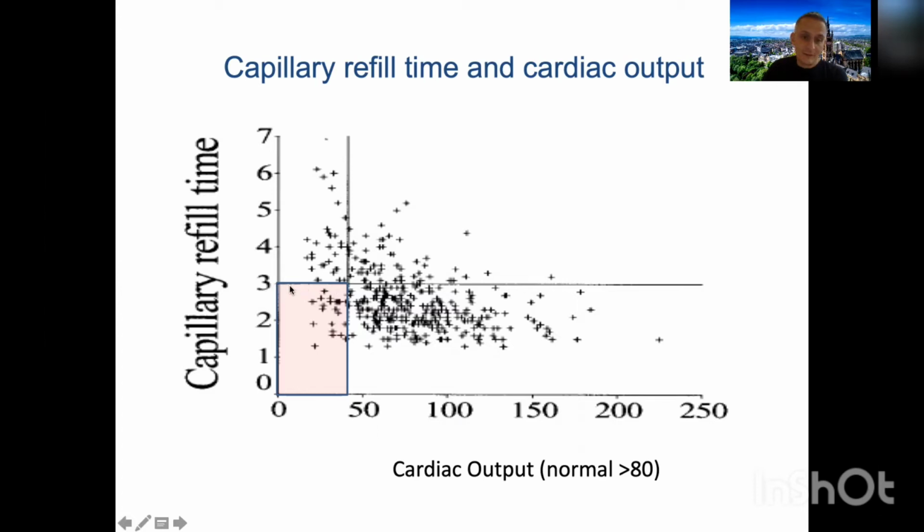Here, that was said to be less than 3 seconds, but a low cardiac output. So the inference is that capillary refill time is not necessarily a good proxy measure of cardiac output.